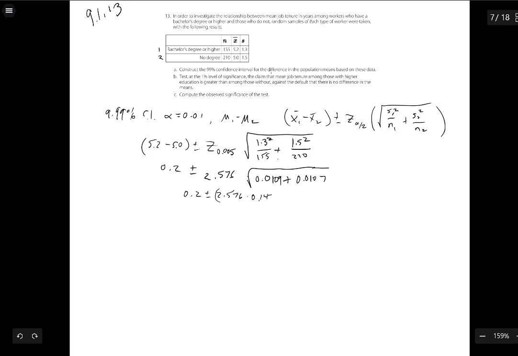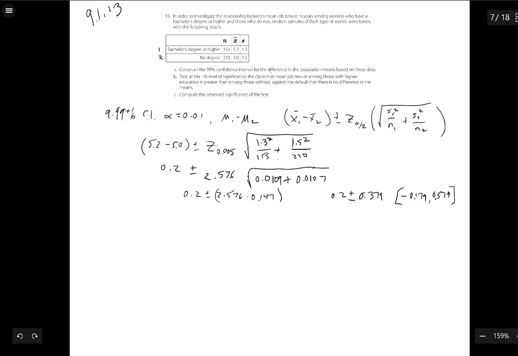0.147. So this one is 0.2 plus or minus 0.379. So my confidence interval is minus 0.179, comma, 0.579. So that's my interval.